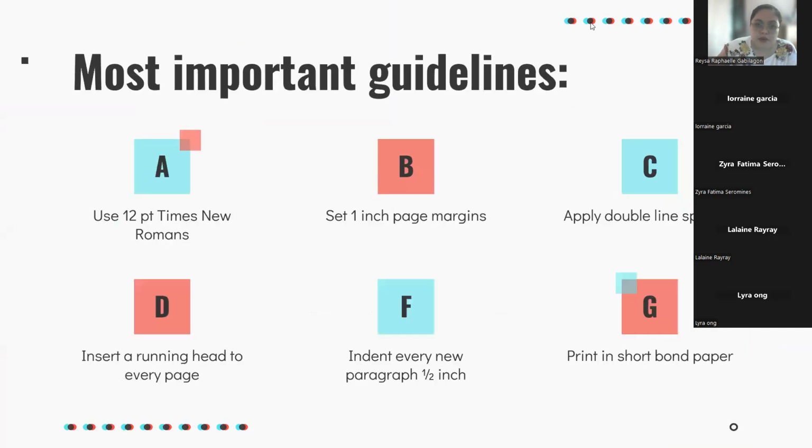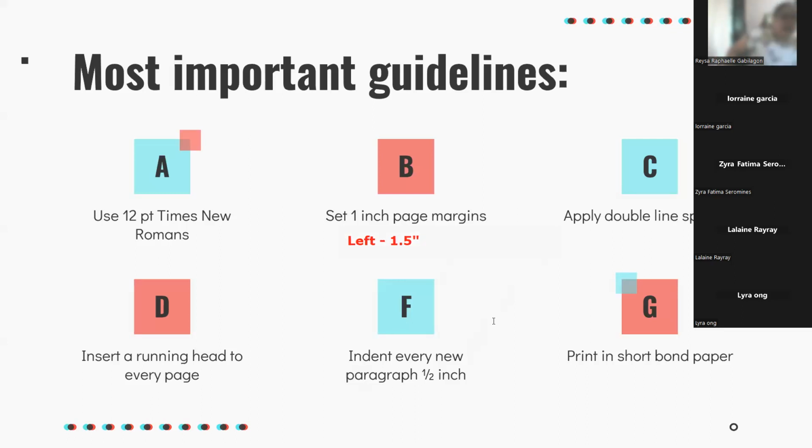So let's start with our format. Please take note of this. We will be using Times New Roman for the font, and the font size will be 12. Now you have to set the margin at 1 inch, but take note of this: the left side will be 1.5, to give space for the binding.